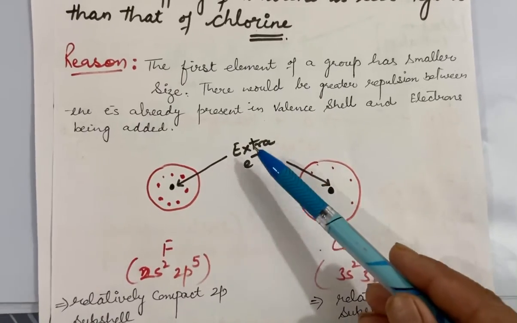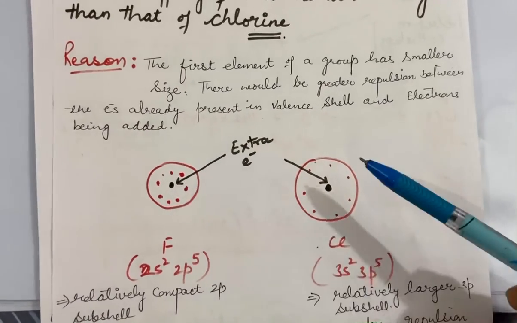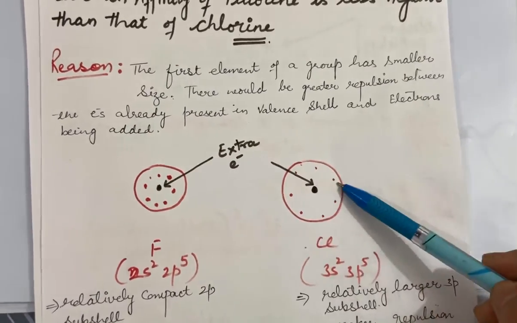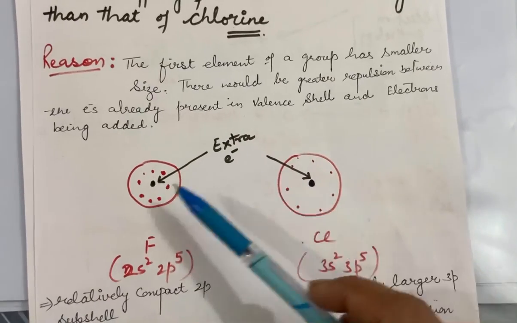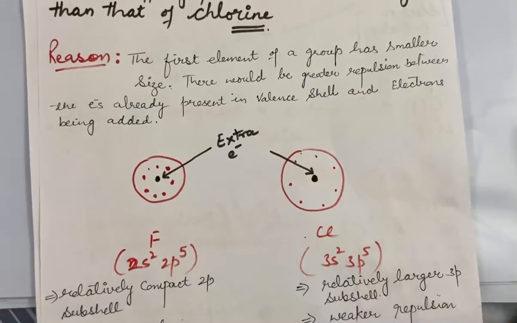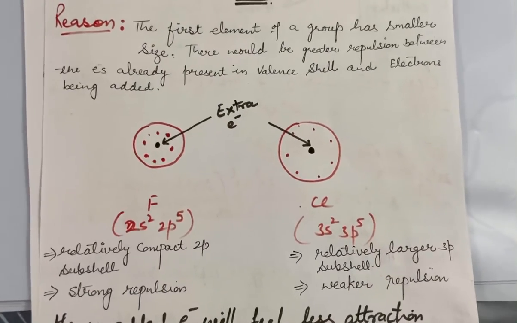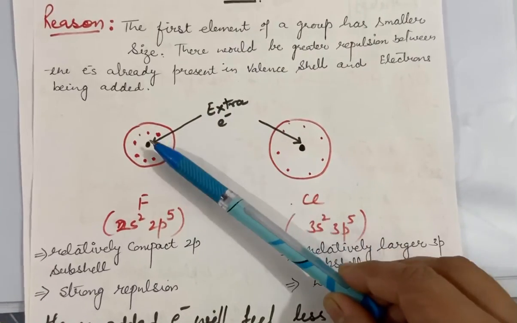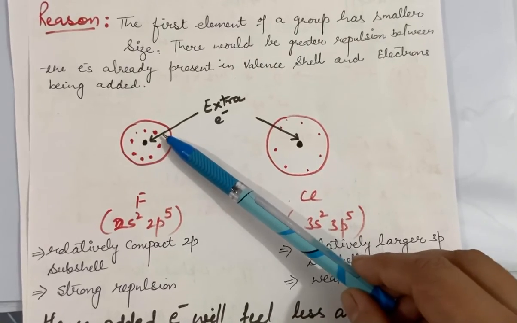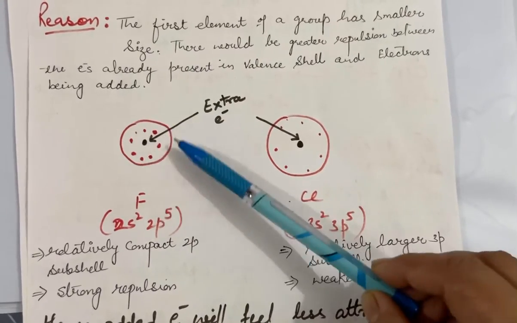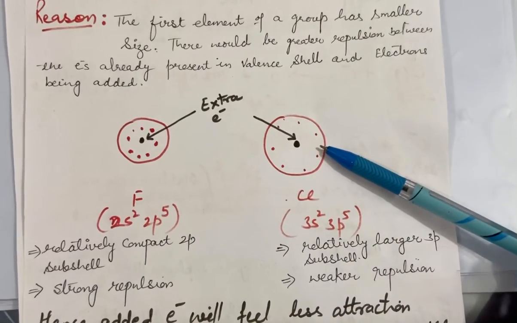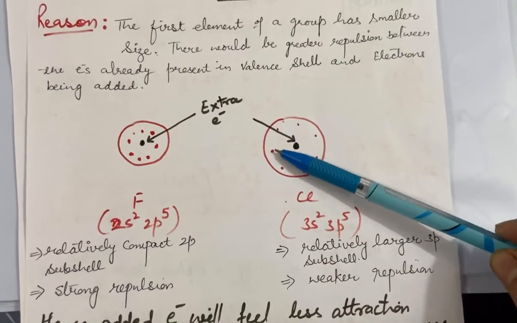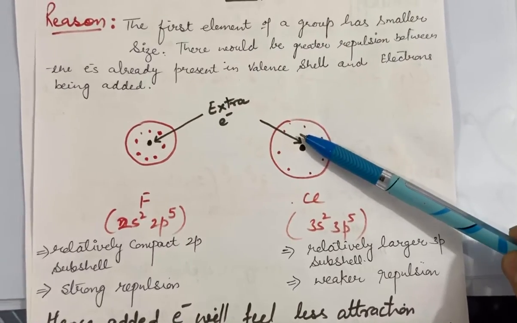If we add one extra electron, in case of Cl there are also 7 electrons, but the size of the Cl atom is larger. In the F atom, which is comparatively smaller than Cl, there will be strong repulsion between the added electron and the electrons already present in the compact shell of F. But as the size of Cl is larger, the repulsion between the added electron and the electrons already present will be lesser.